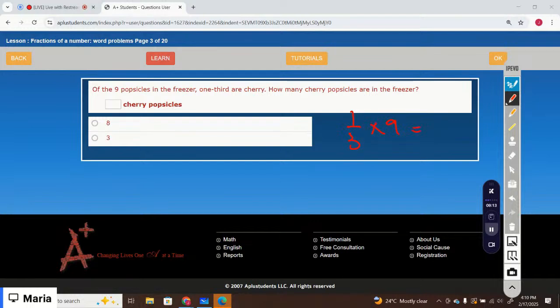So, which is the correct option? 3 times 3 is 9.